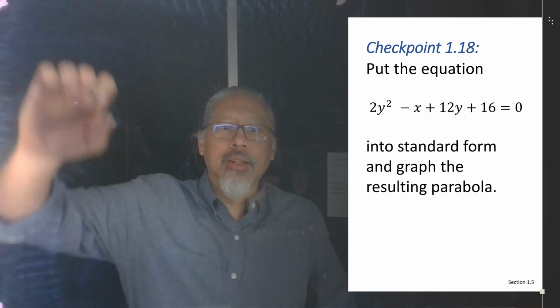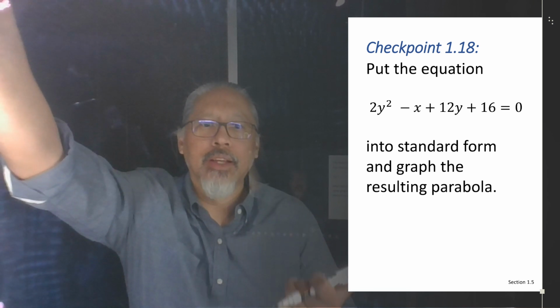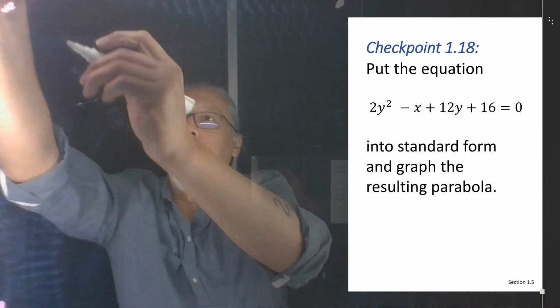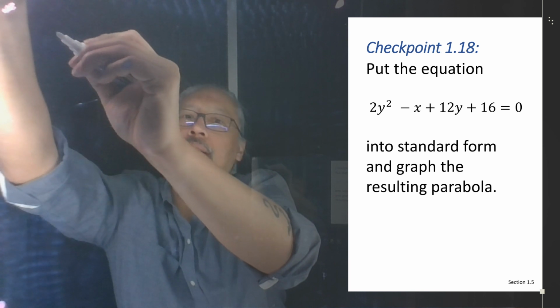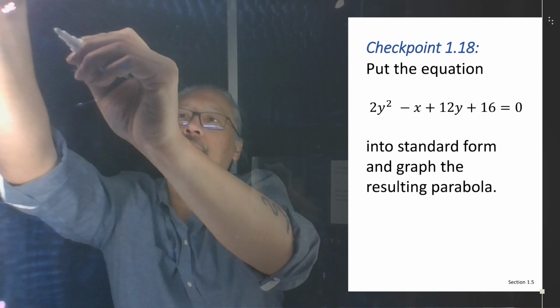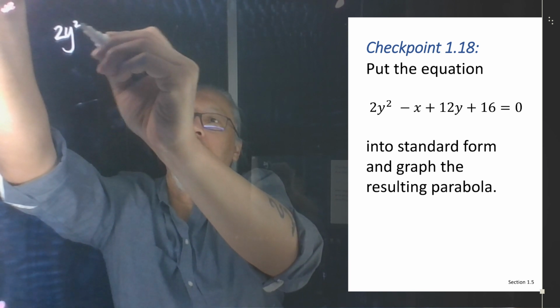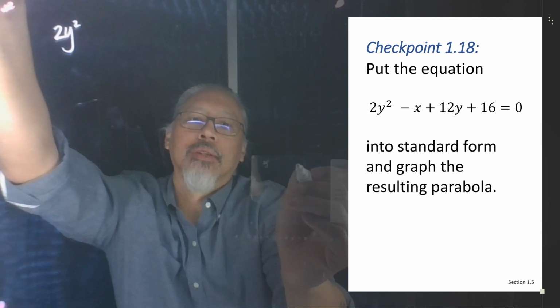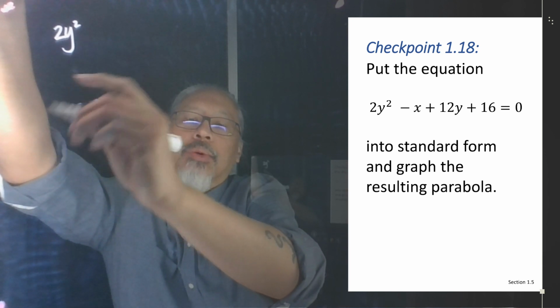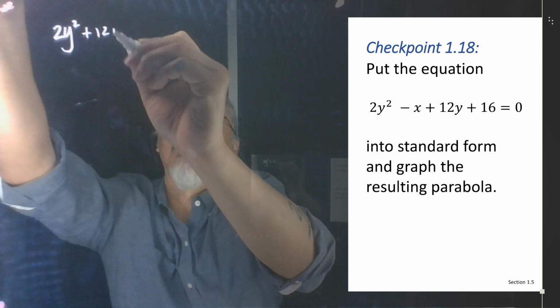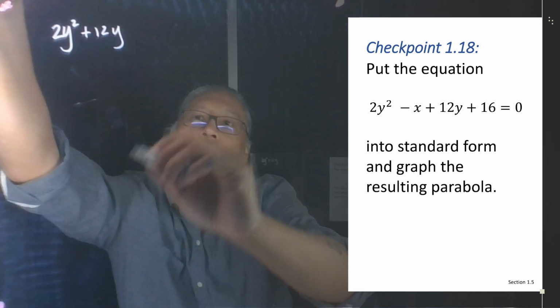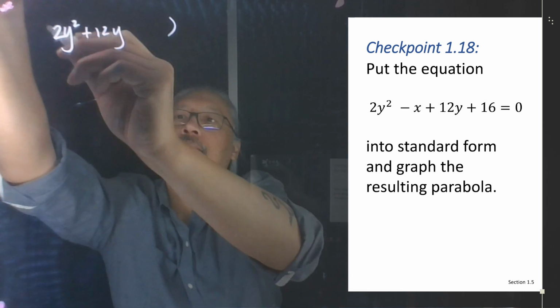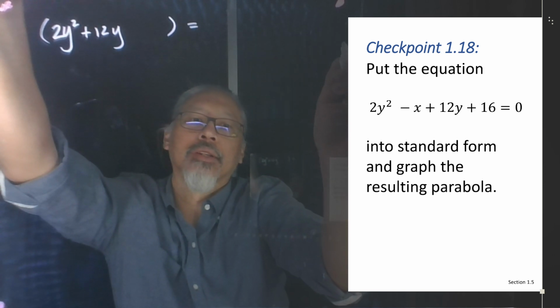All right, let's see if we can write it in standard form. Let's rewrite it over where the y's are kind of grouped together. So we have 2y squared plus 12y. I'm going to leave a little space here, and I'll bring the other stuff over.